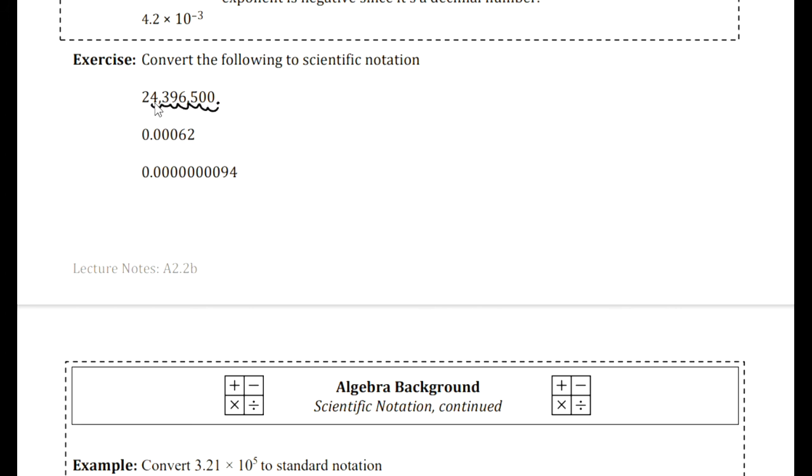So I have to move that 7 places. Once I do that, I have 2.43965. We can drop those zeros there. That is a number between 1 and 10. So we have the first part, then we're going to go times 10 to the 7th power. It's because we moved the decimal place 7 times.